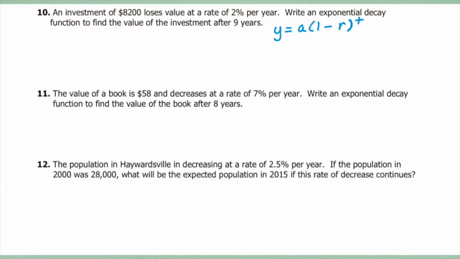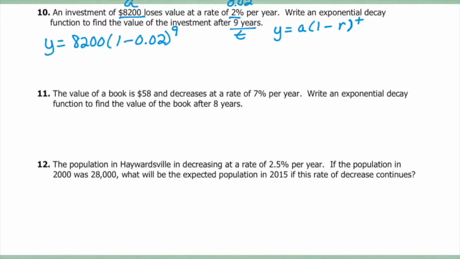Just remember that, everybody. All right, number 10, an investment of $8,200 loses value at a rate of 2% per year. Write an exponential decay function to find the value of the investment after 9 years. So remember, our exponential formula is y equals a times parentheses 1 minus r quantity to the t power. So we have to find a, which is 8,200, and then 2% can convert to 0.02, and 9 will be our t.